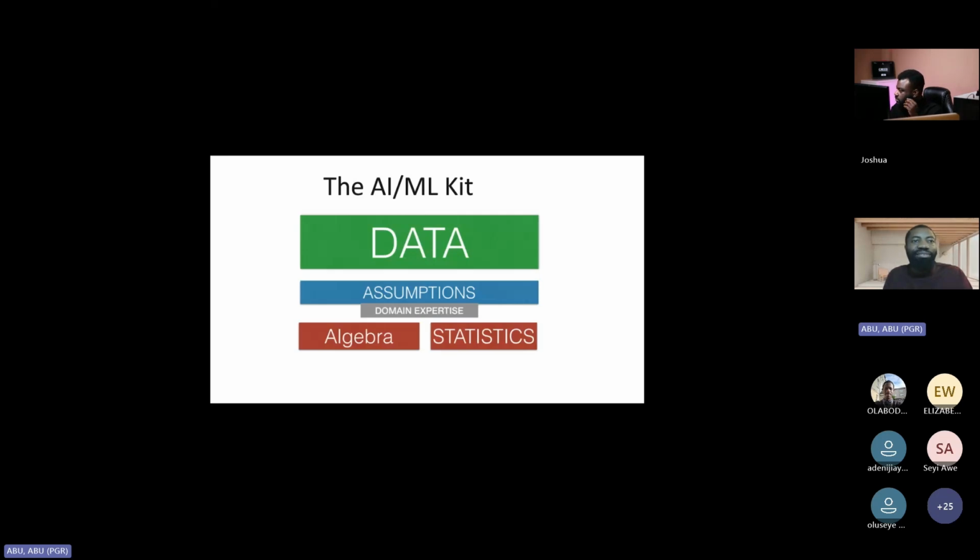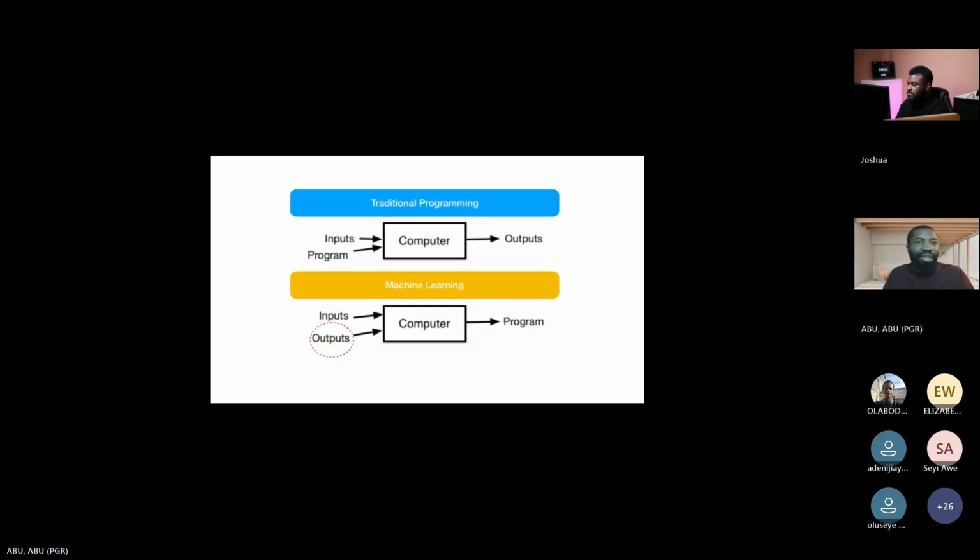You need to have the foundational knowledge of what exploration is all about, right? For you to be able to make the necessary assumptions you need to make to get your model to work. And then you need to have some good knowledge of algebra and statistics. I would also add calculus at a more advanced level, but these are the basic mathematics that you need for you to do AI and machine learning properly.